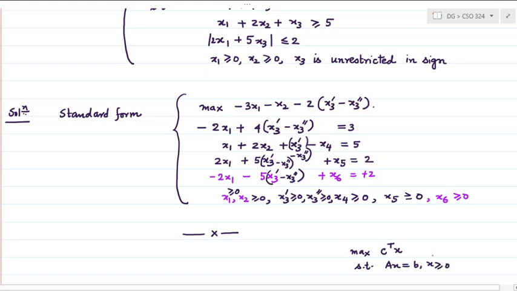Now here x is greater than or equal to 0 is nothing to deal with; by that I mean it is just a restriction of the variables. But here the major task is to solve effectively Ax equals b. Then only will you be able to reach the optimum solution of the given problem.